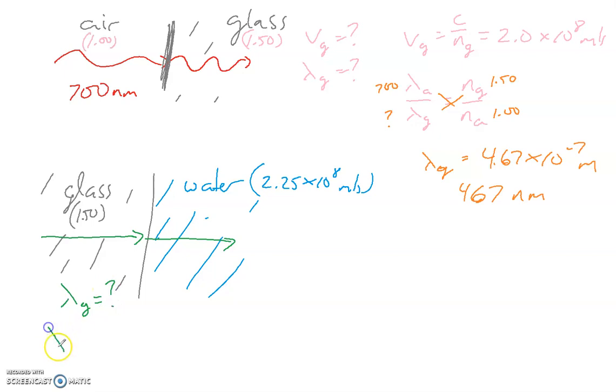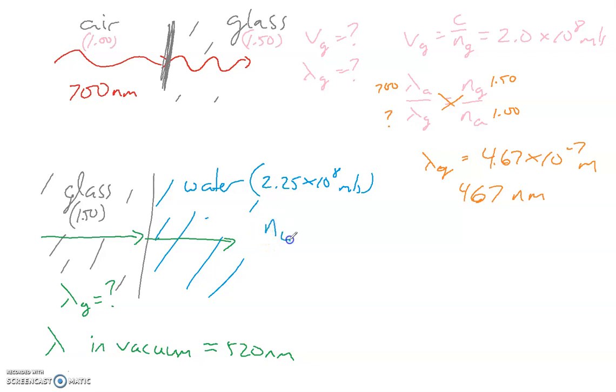And I'm going to tell you right now, the wavelength of green light in a vacuum is around 520 nanometers. Actually, I'll get rid of this little g right here because we might confuse the green with the glass. There we go.